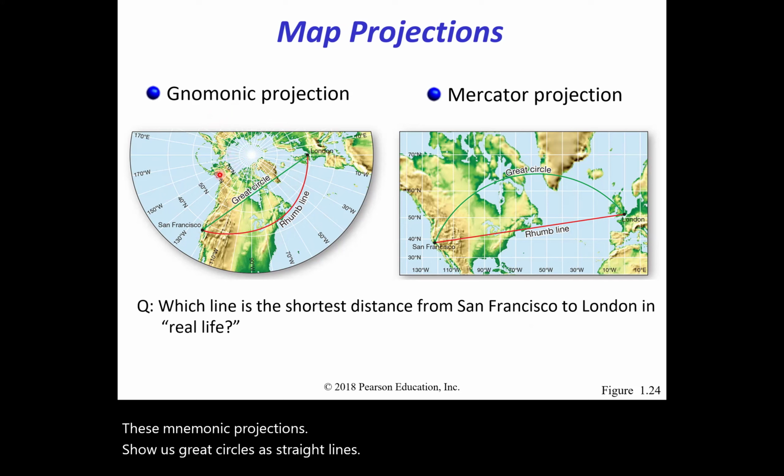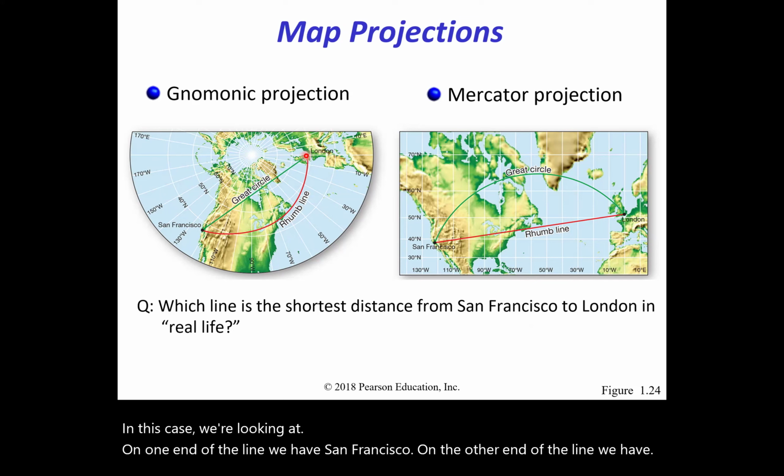That's just the way that the area is being preserved and or distorted in this projection. In this case, on one end of the line, we have San Francisco. On the other end of the line, we have London.